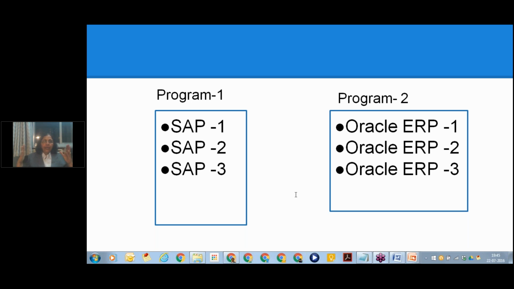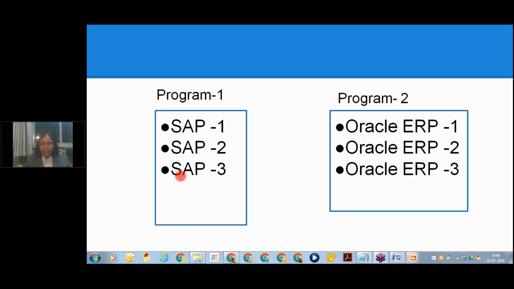So if I'm working for a big CMM5 type of company like Sensor, they have ERP programs, the SAP program is one program, the Oracle program is another program, application development is a third program, and maybe whatever other programs they have. Between the three, if they feel that the SAP program is doing good, and all the profits earned by Oracle ERP 1, 2, 3 together are 20% of what you earn through SAP 1, 2, 3, what does that tell you?